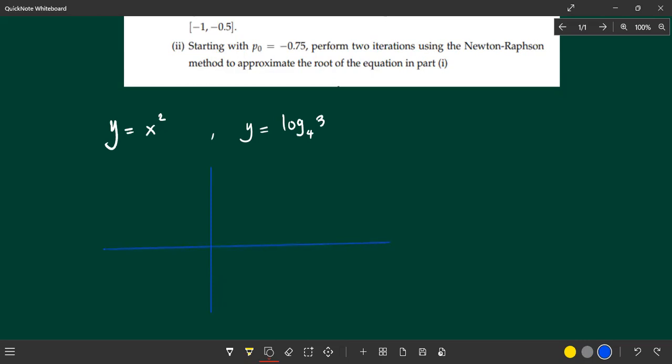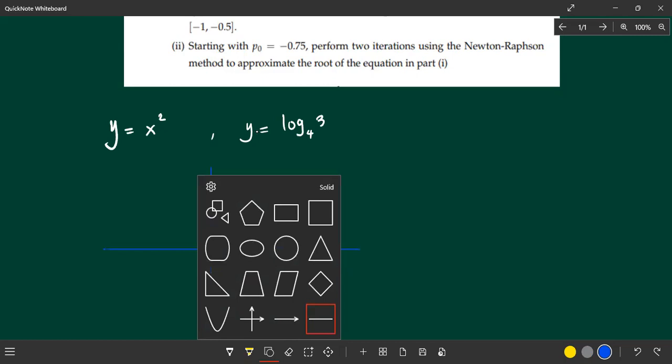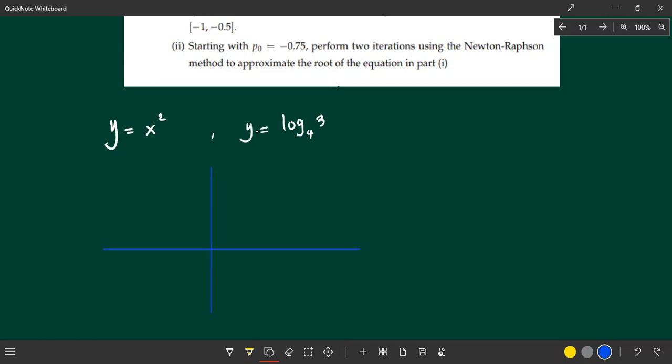So I have that, and also I need to draw the parabola, right? So we know that's the parabola, y equals x squared.